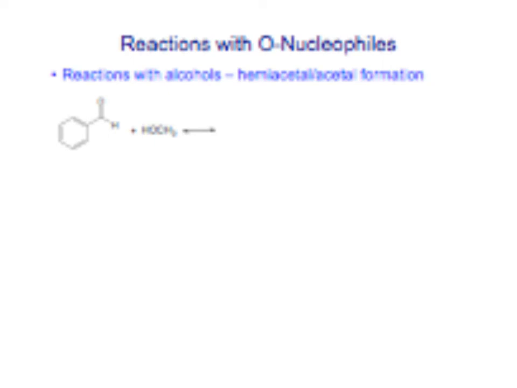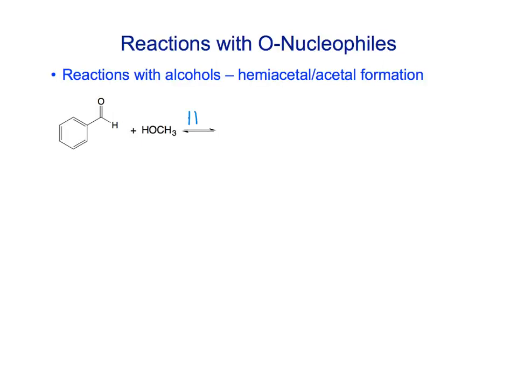Okay? So I'm just going to draw out the products here, and then on Wednesday we're going to go into all the details here. Okay? So these are typically, well, always acid catalyzed.